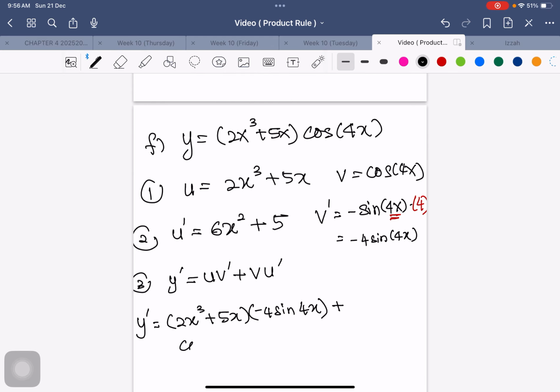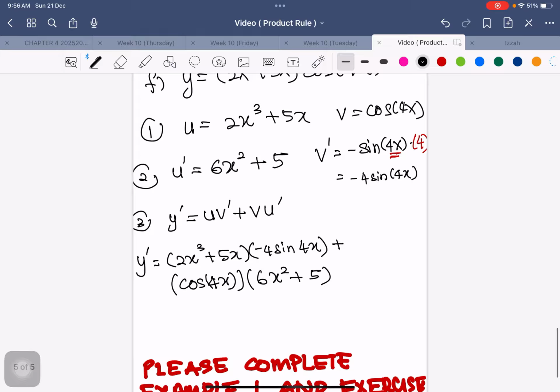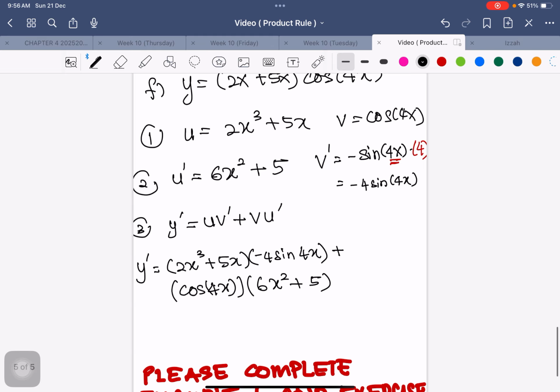Okay, cos 4x multiply by 6x squared plus 5. Okay, so when you substitute, you try to expand and simplify.